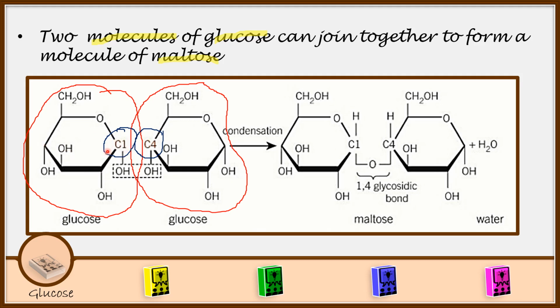Now when you place it here, it will be carbon 1 here, carbon 2, carbon 3, carbon 4. So when they are going to join, carbon 1 of this one is facing carbon 4 of this one. This one has a hydroxyl here, and here it has OH and OH.